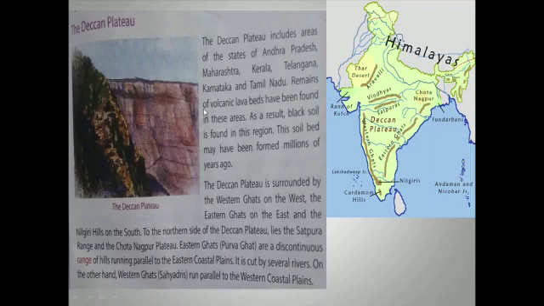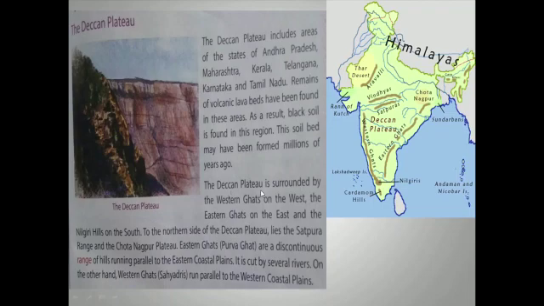Remains of volcanic lava beds, means after the volcanic eruption, whatever the remains are there, have been found in these areas, due to which black soil is found here in this region. This soil bed may have been formed millions of years ago.